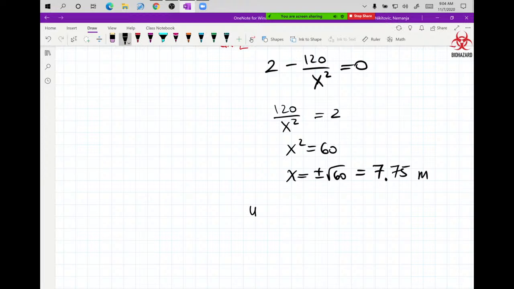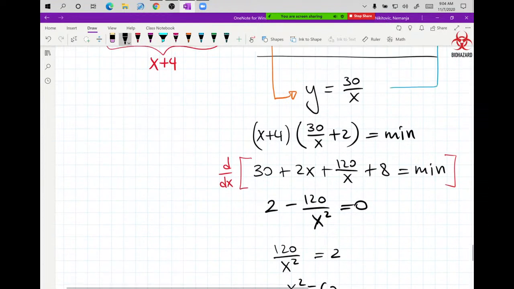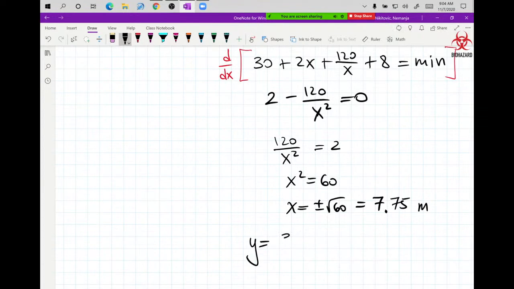And then you have your equation for y, which was 30 over x, so 30 divided by 7.75, and that one is going to be 3.87 meters.